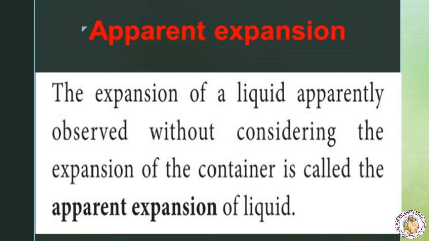In practice, you can heat any liquid only by pouring it in a container. So a part of the thermal energy is used in expanding the container. First, the container will expand. After that, the container heat will transfer to the liquid, then the liquid expands. So what we observe is not the actual or real expansion of the liquid.